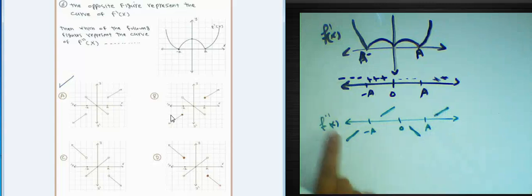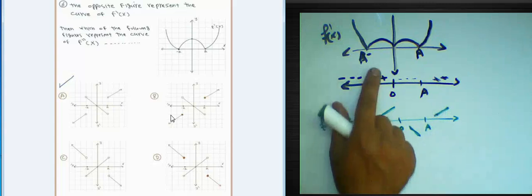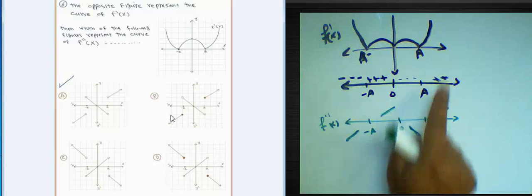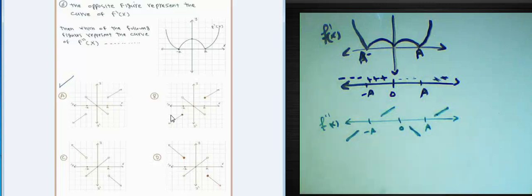So negative means down, positive up, negative down, positive up. Okay, so we can draw this function here for negative a and a. We will choose letter E for this example.